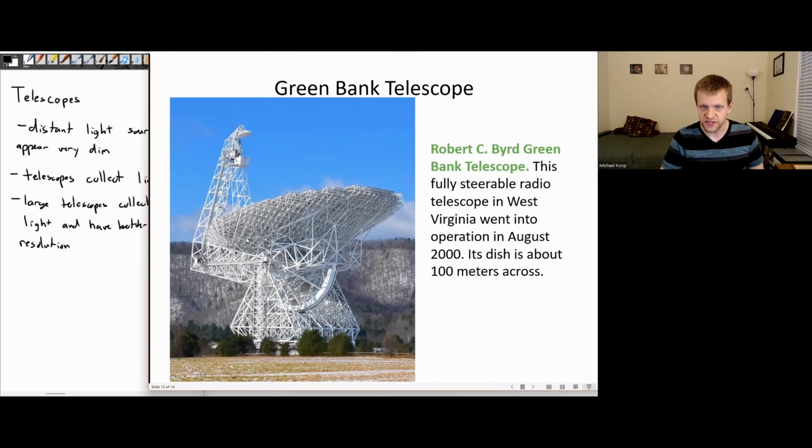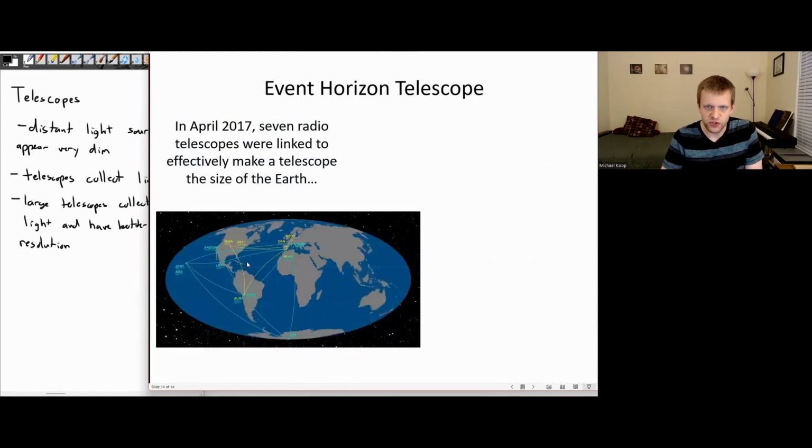This is one of the telescopes that was part of the Event Horizon Telescope, the Green Bank Telescope, VLBA, a bunch of other telescopes across the world. These were all linked together in order to make a telescope that was essentially the size of the Earth, or at least had that kind of angular resolution.